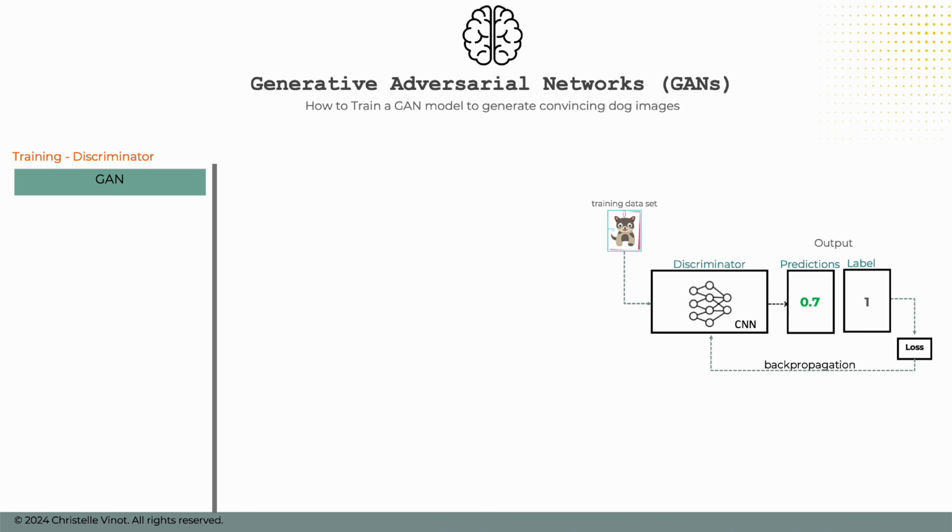Next, the algorithm kicks in with backpropagation. Backpropagation is a feedback mechanism where the algorithm figures out how much each parameter in the discriminator contributed to the error. Once those contributions are determined, the parameters of the CNN are adjusted accordingly to reduce the error.